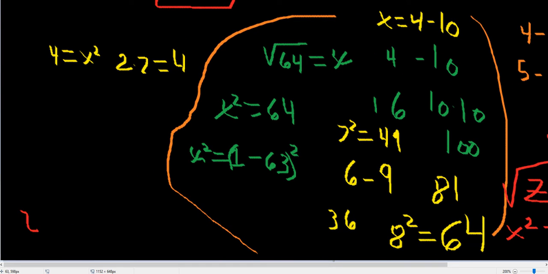And we do x to the second equals z minus 1 through 1. So z minus 1 through 1 squared. That is a quick and easy way to do square roots.